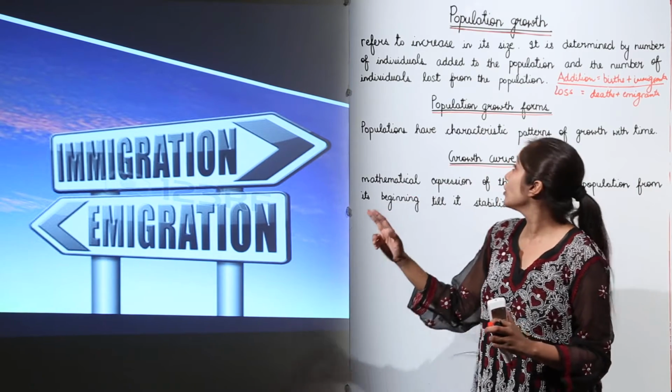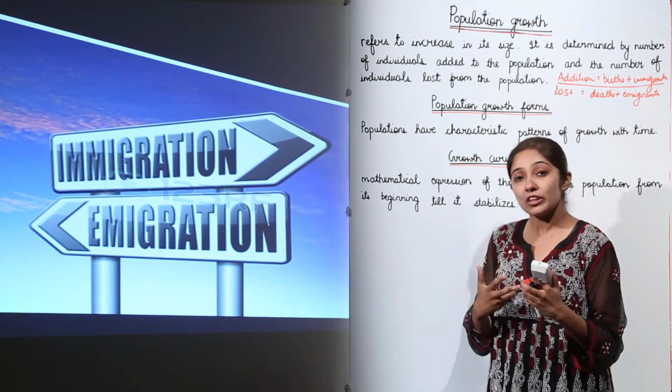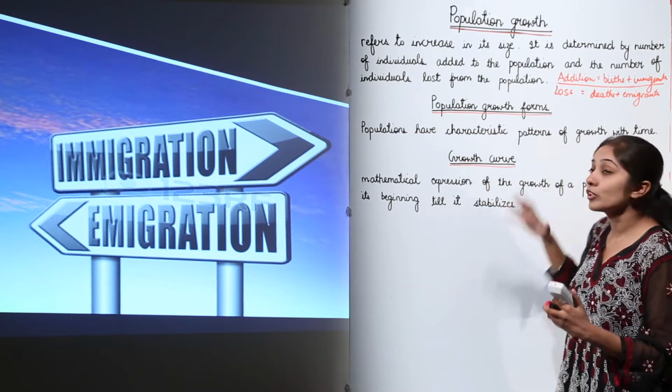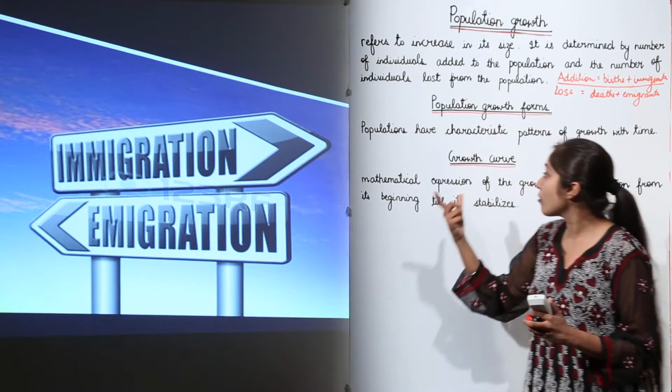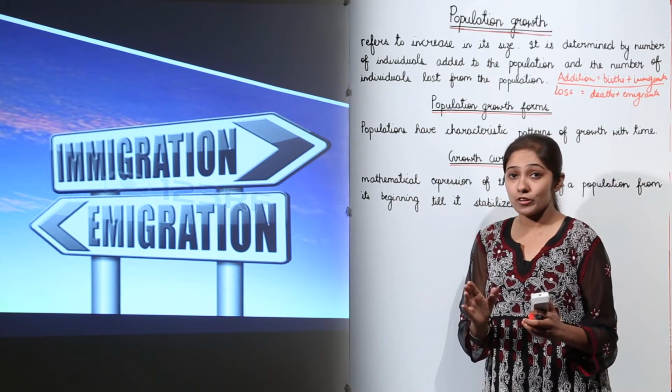Next we will move on to the population growth forms. What are these population growth forms? Populations have characteristic patterns of growth with time. These patterns, which we will study in the form of growth curves, are a very important topic from the examination point of view also.